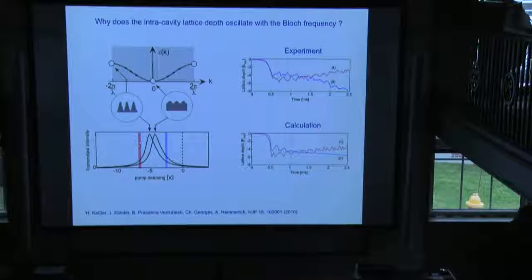And if you put your coupling laser at some point, like for instance red-tuned where this bar is indicating, then you see that you are driven in an oscillating way into resonance and out. And that gives you your intracavity lattice that oscillates.